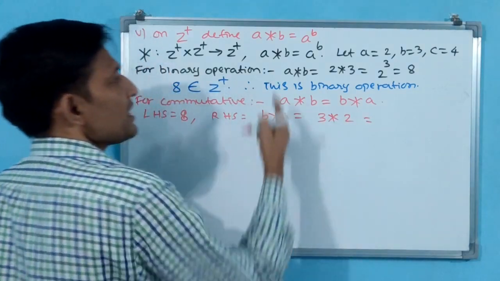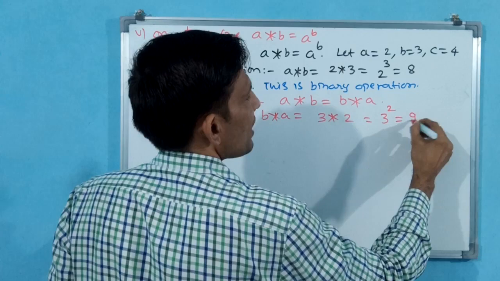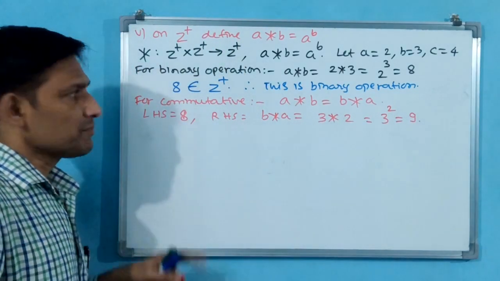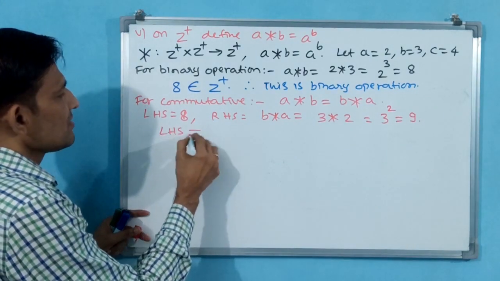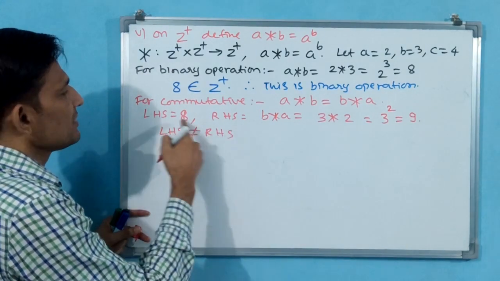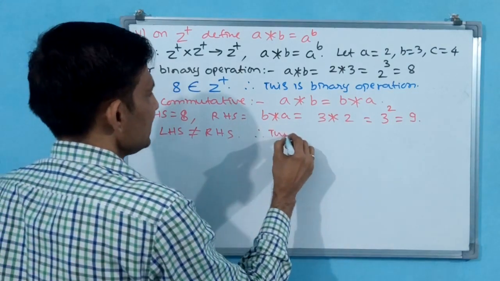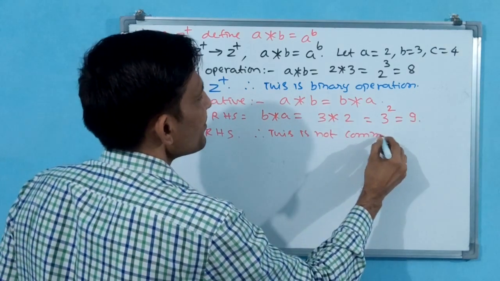That is equal to, see here A power B means 3 power 2 will come. 3 power 2, that is equal to 9. Now you tell me, LHS, RHS both are different. That means this is not commutative. You write same. LHS is not equal to RHS. Why? Because this is 8, this is 9. Therefore this is not commutative.